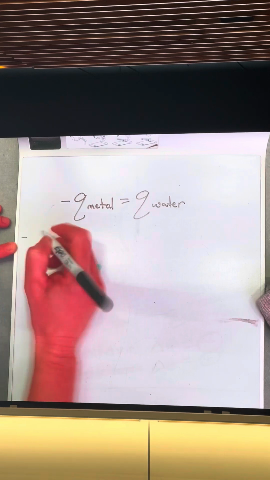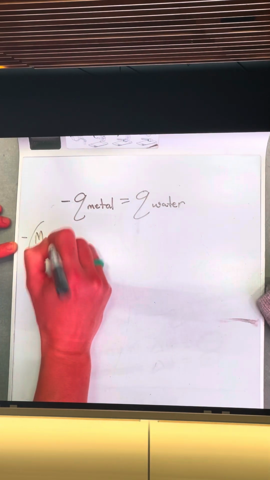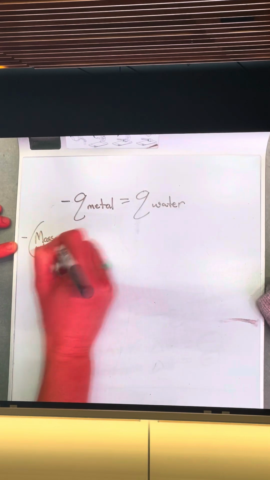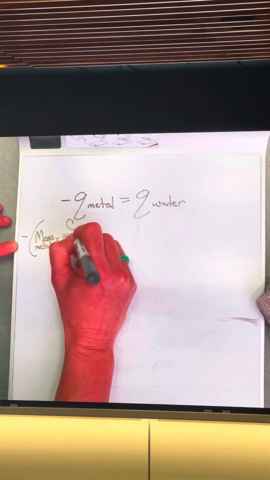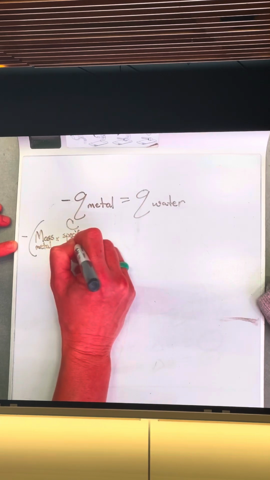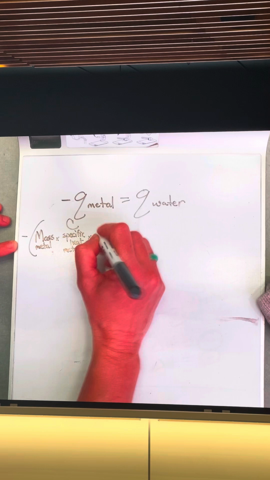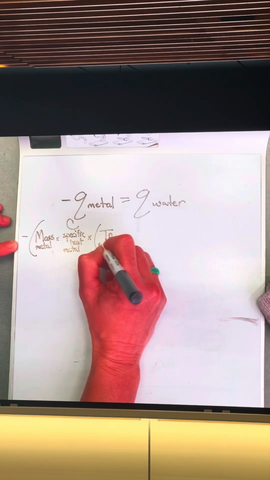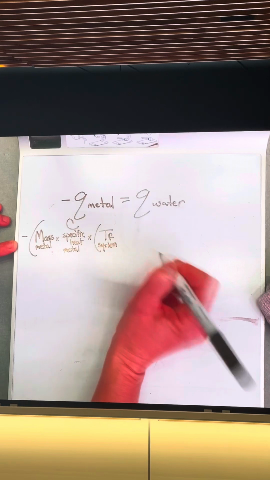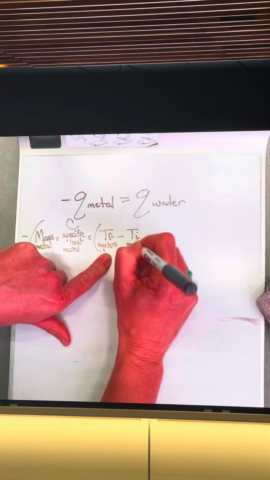Okay, so let's expand what this stuff means. We've got mass metal times C, which is specific heat metal. And here's the part where everybody messes up, times the final temperature of the system minus the initial temperature of the metal.